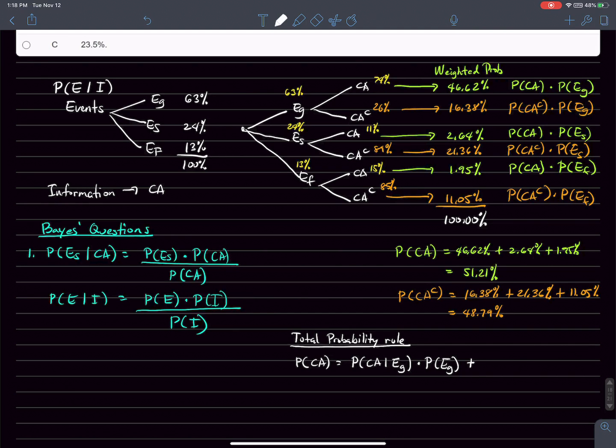It's total probability, so we have to add. Then the probability of currency appreciating given the economy shrinks, multiplied by the probability that the economy shrinks.